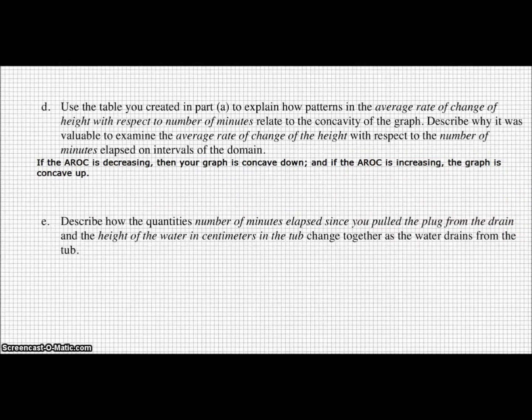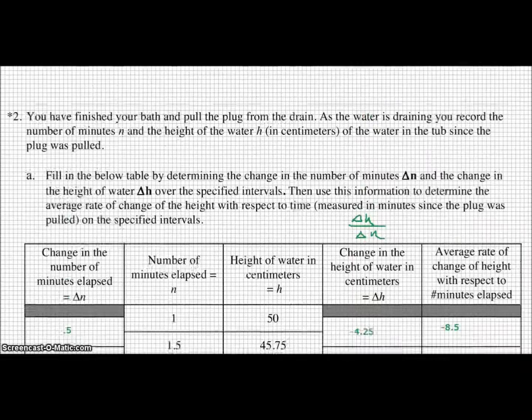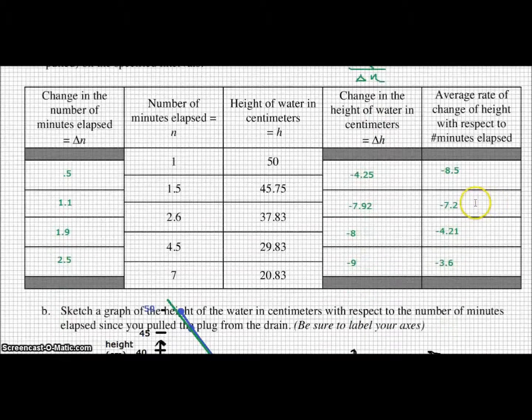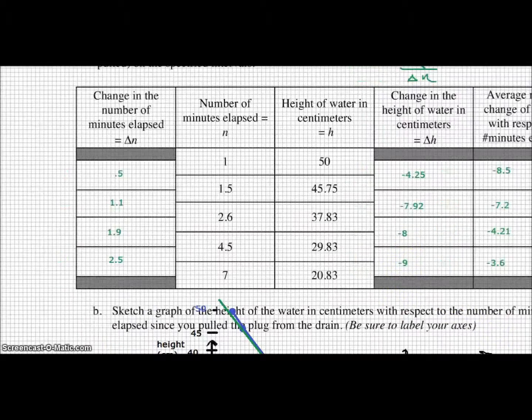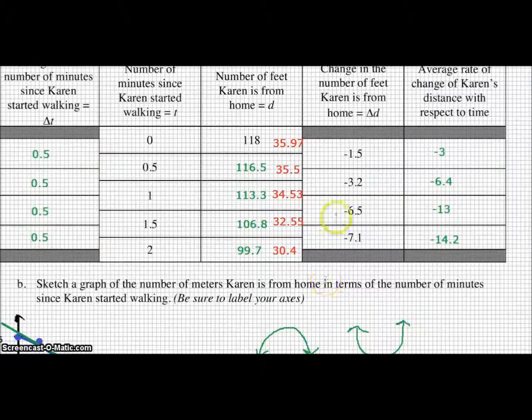And why is it valuable to look? Well, we could try to just look at the changes in height. Like here, the changes in height are all decreasing, and over here, the changes in height are also decreasing.